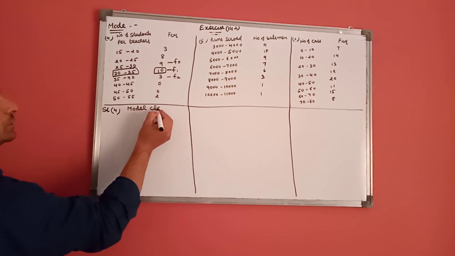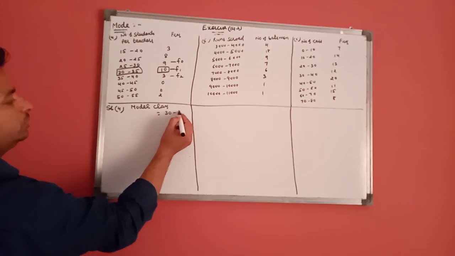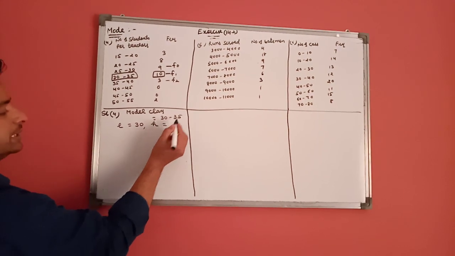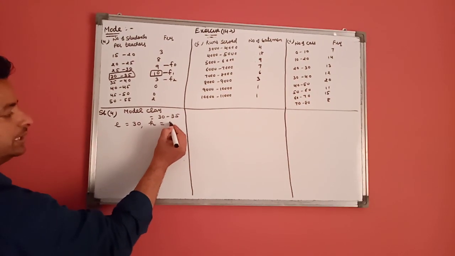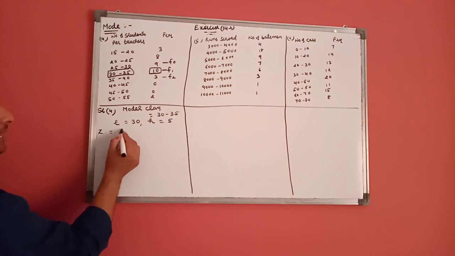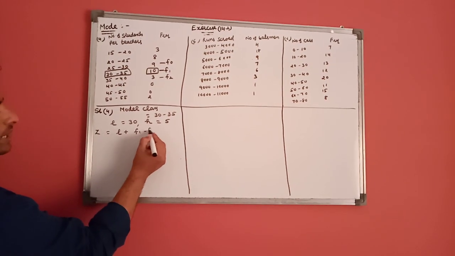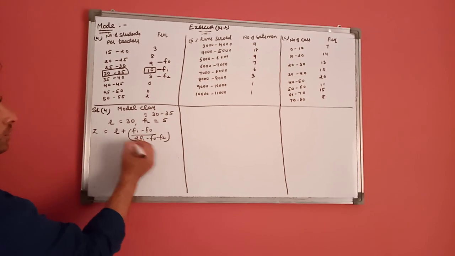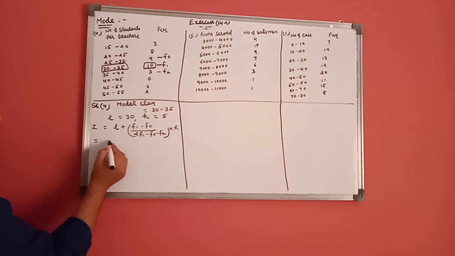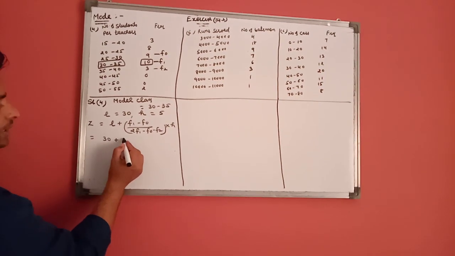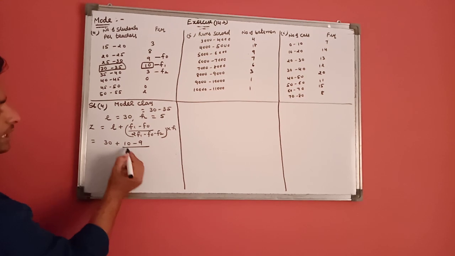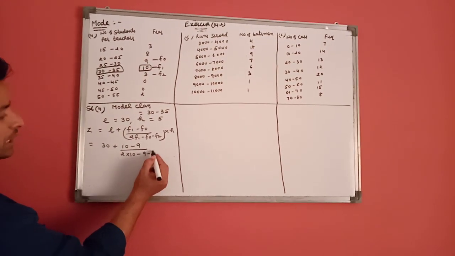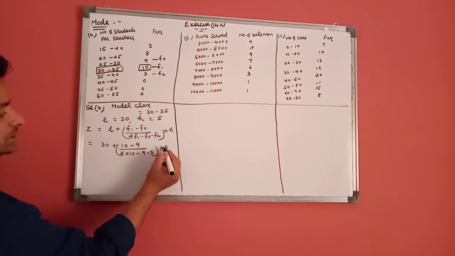So in this question, the modal class is 30 to 35, in which lower limit is 30 and class size, largest value minus smallest, that's 5. Mode is L plus f1 minus f0 over 2 f1 minus f0 minus f2, multiply h. So L is 30, f1 is 10, f0 is 9, f2 is 3 and h is 5.